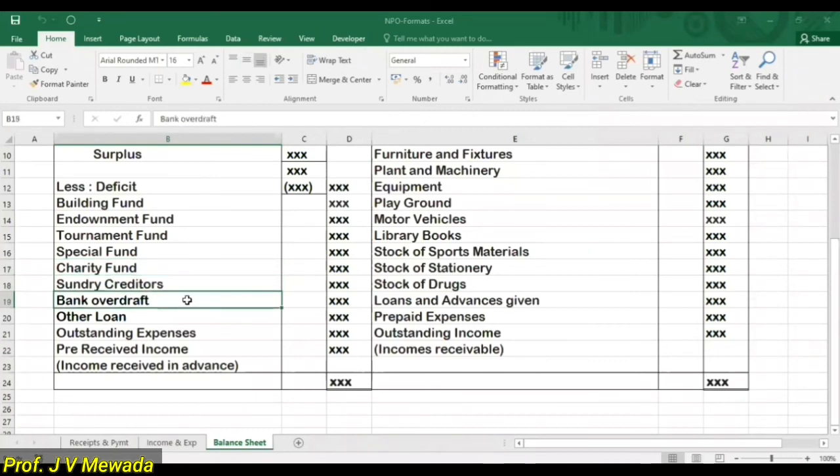Then we have a bank overdraft. Then if any loan is taken, those loans are shown on the liability side. Then we have outstanding expenses. Whatever expenses are outstanding, they are recorded on the liability side. And whatever incomes are received in advance, they are also shown on the liability side. So this is the liability side of the balance sheet.